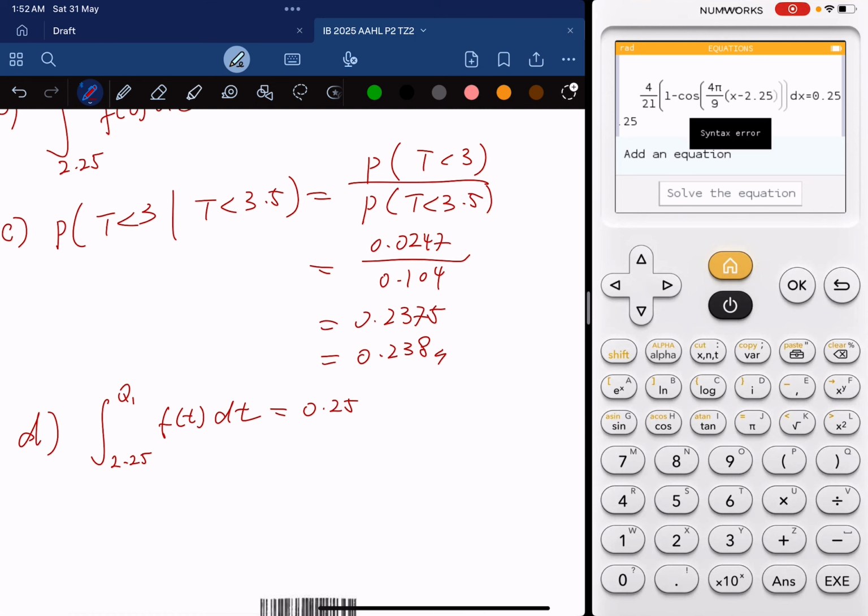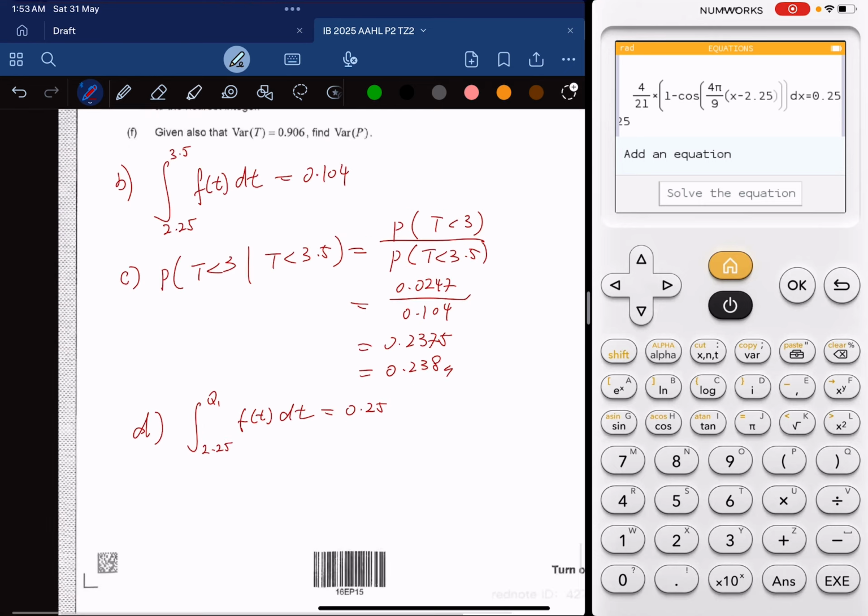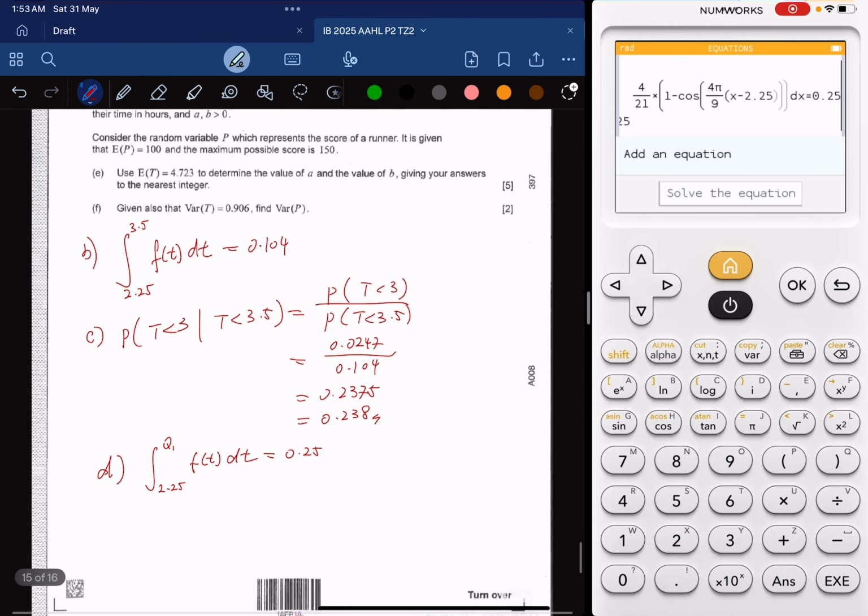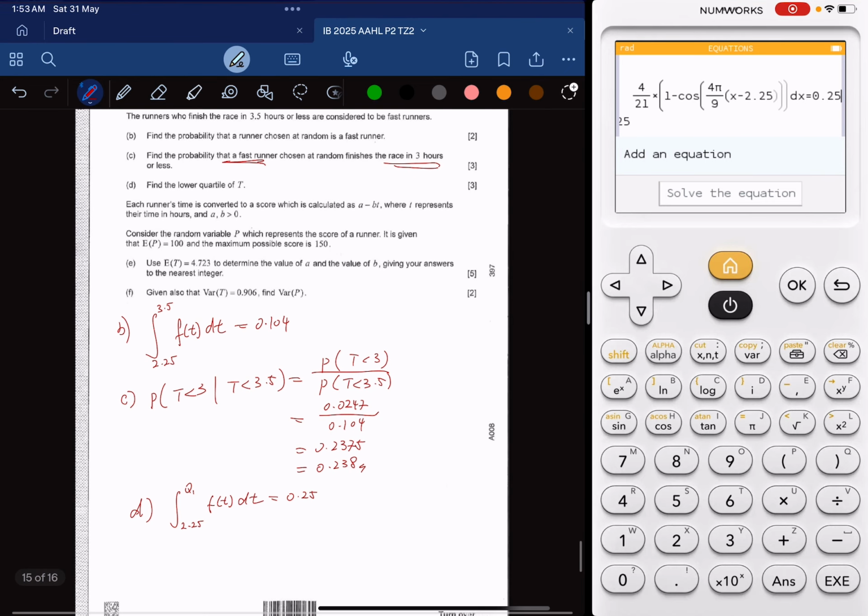Syntax error. Are we going to integrate this myself? How many marks? This one, 3, right? Let me see. Is it like the reason here? Syntax error. Okay, so probably I need to integrate this myself.